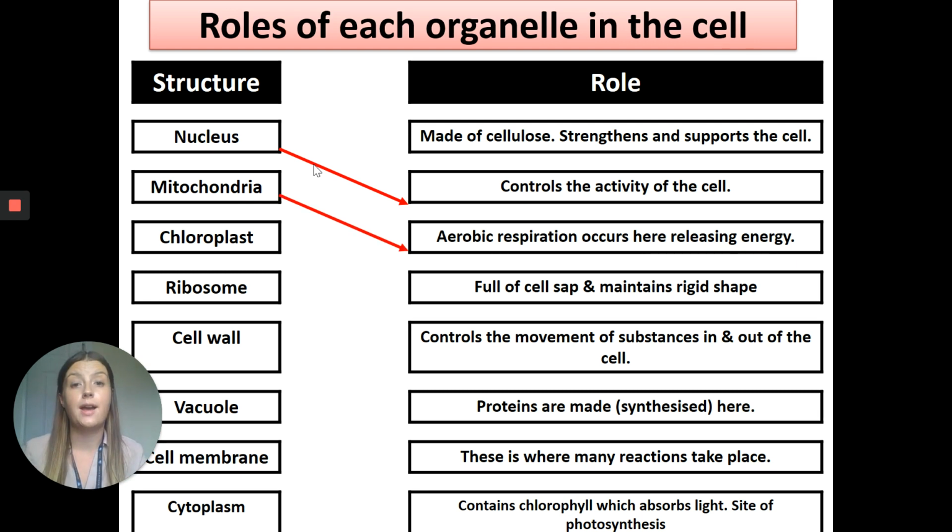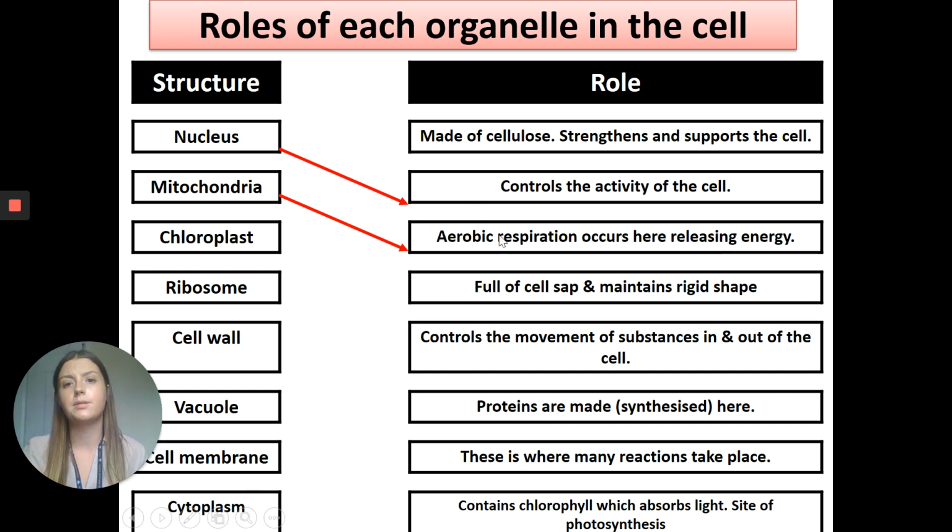Okay, mitochondria, aerobic respiration happens here, releasing energy. Now, Mr. Bassford's made loads of videos about energy, and at no point would he ever say that energy is created. Therefore, we need to have that physics mindset on in biology too. So aerobic respiration allows the release of energy. It does not create energy.